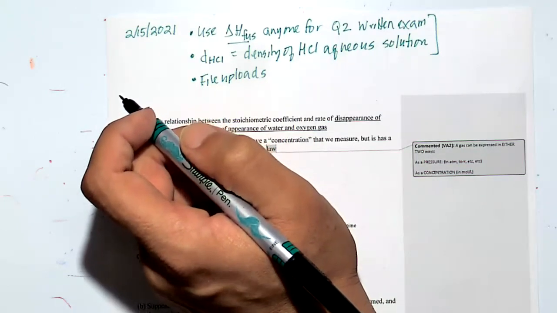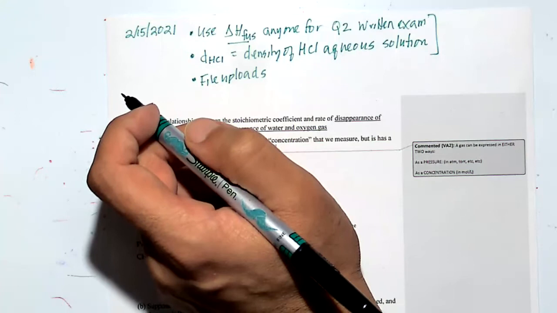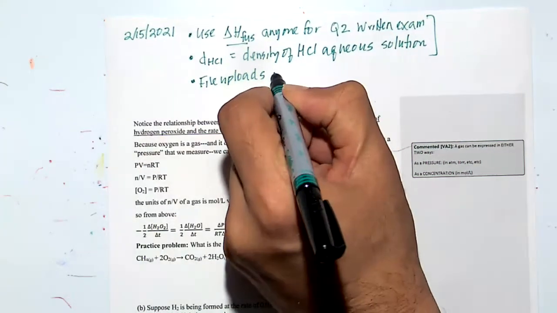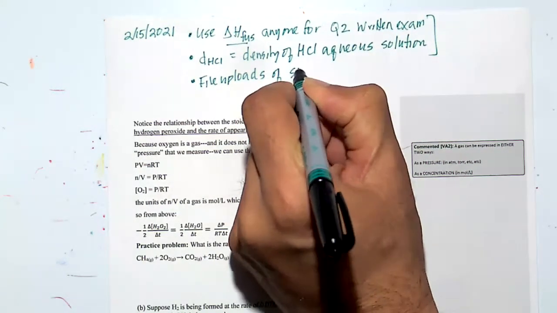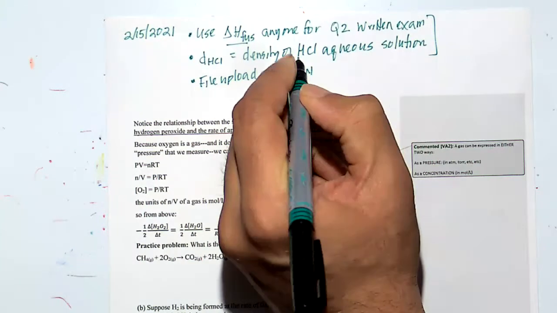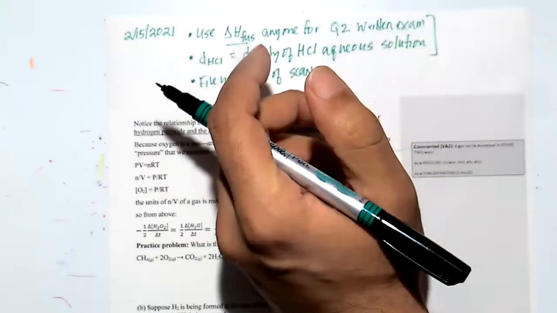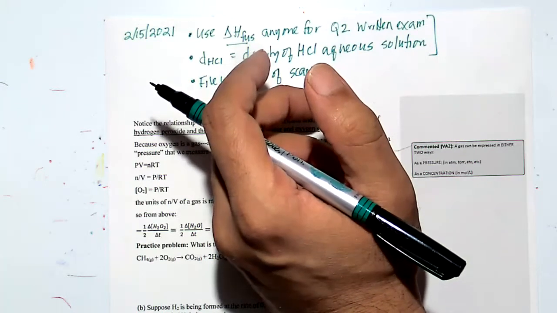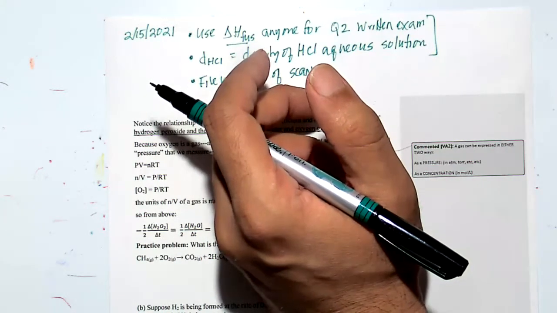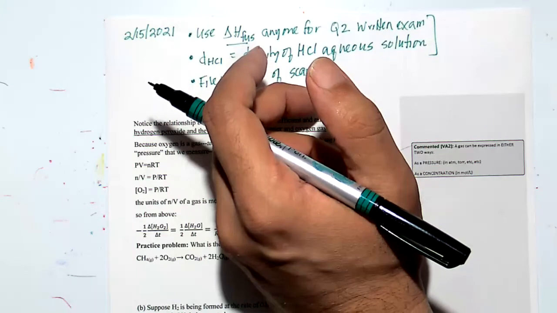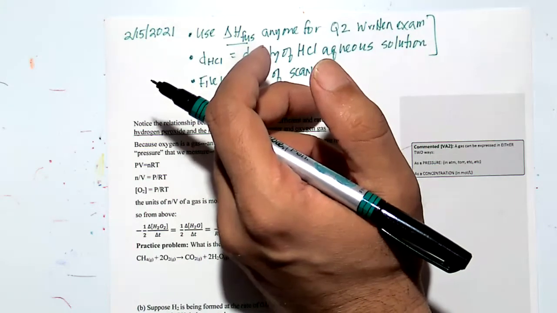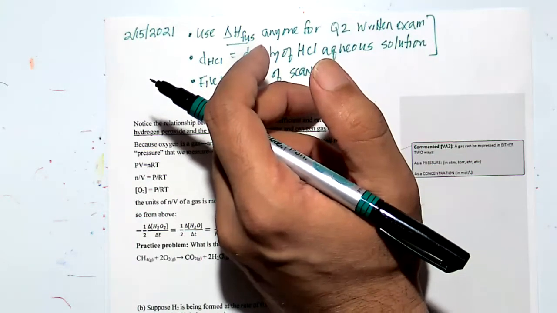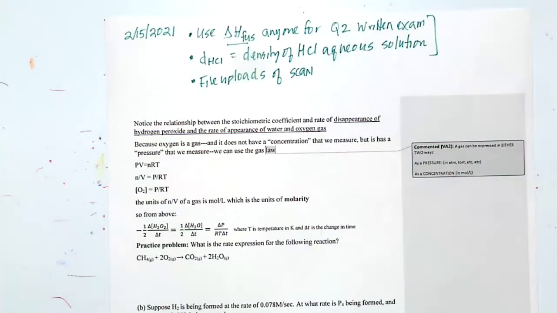So let me look into that file uploads situation. I know there's a thing where you click file uploads and you can restrict certain files, because last semester somebody was scanning me some weird file format. It made no sense, and I couldn't grade it.